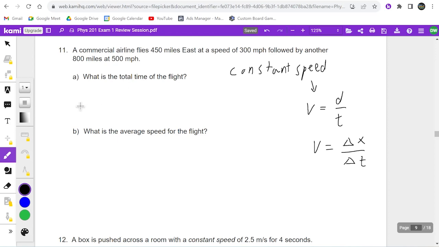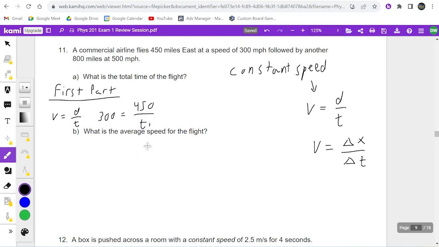So you also got to break this up into two parts because this is a two-part trip. For the first part of the trip, v equals d over t, my velocity is, it says 300 miles per hour. By the way, this question's clearly all in miles and hours, so just keep it in miles and hours, okay? Don't convert the units this time. And then the distance, it said 450 divided by t. We're solving for t.